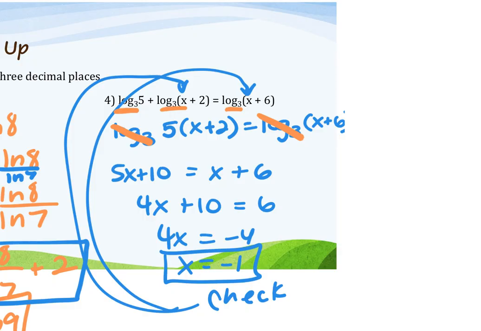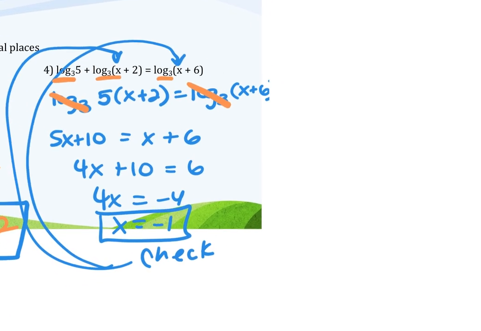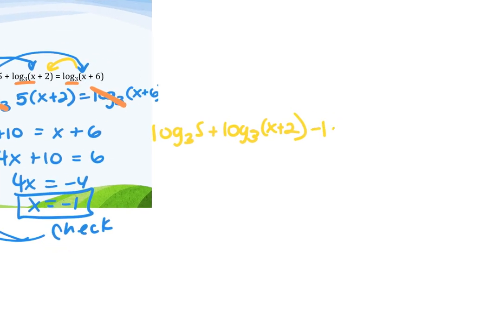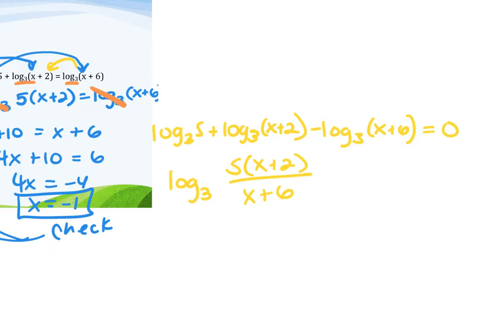So be careful. Some of you moved the log to the other side. Like some of you took this log and moved it over here. So it was log base 3 of 5 plus log base 3 of x plus 2 minus log base 3 of x plus 6. It would work, but you have to set it equal to 0. So then when we condense this down, I don't know that I would recommend this method, but it does work. It should be 5 times x plus 2 over x plus 6 when you condense it equals 0.